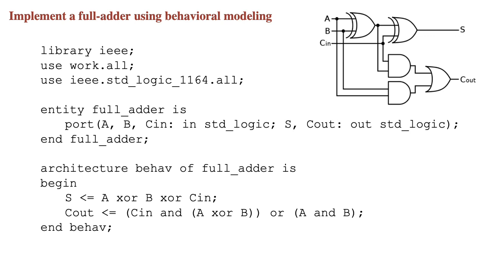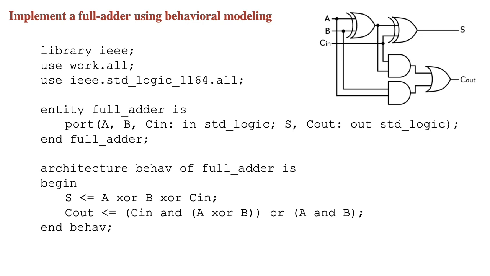And Cout is another output, and it is defined as (Cn AND (A XOR B)) OR (A AND B). Remember, use the brackets or the parentheses in your favor. Sometimes it's optional to use them, sometimes it is important that you use them, especially if you want to control the priorities of the operations that you want to perform.